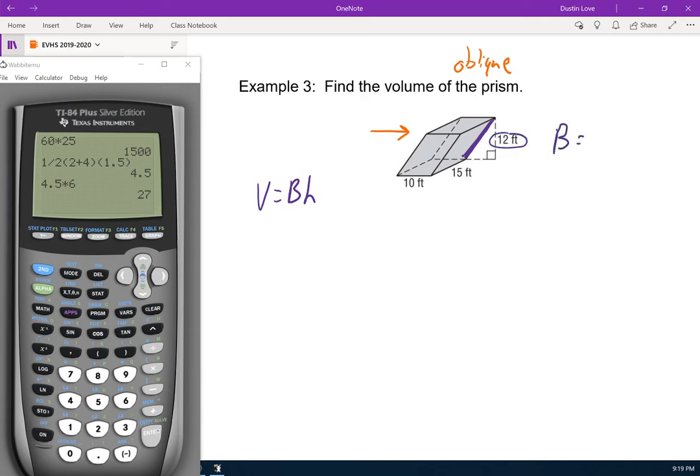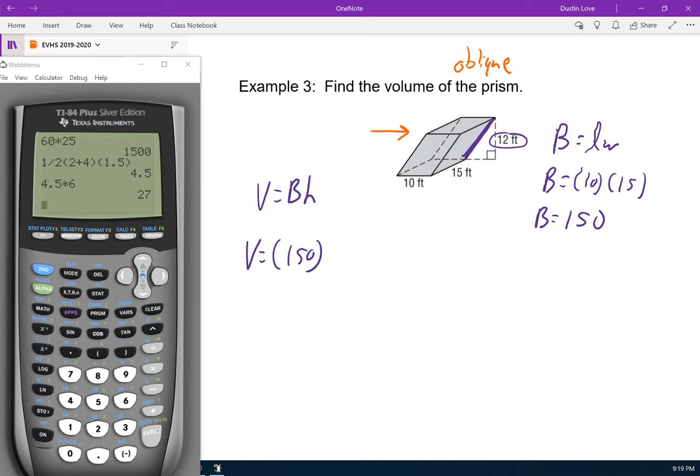Area of the base. Now for a rectangle, you can use base times height, you can use length times width, doesn't matter. 10 times 15. Ew. So the area of my base is 150. Now, plug that in for area of the base on the left.